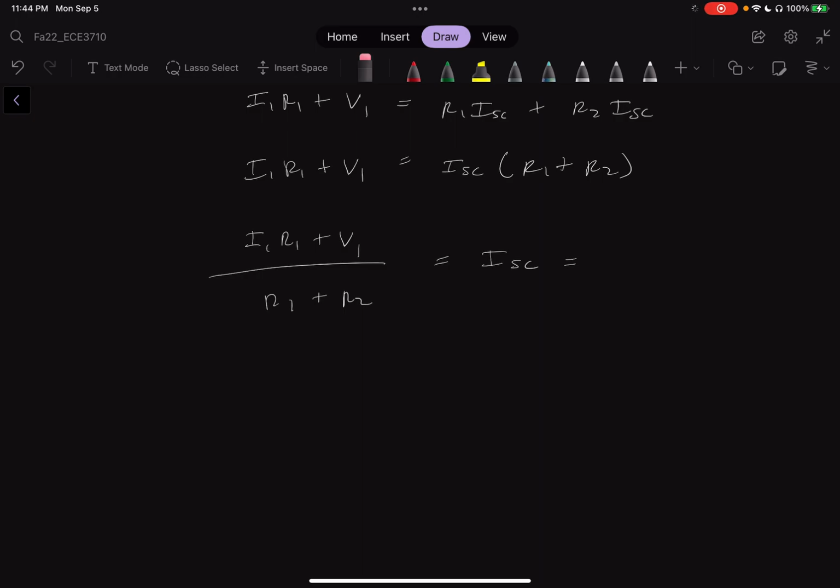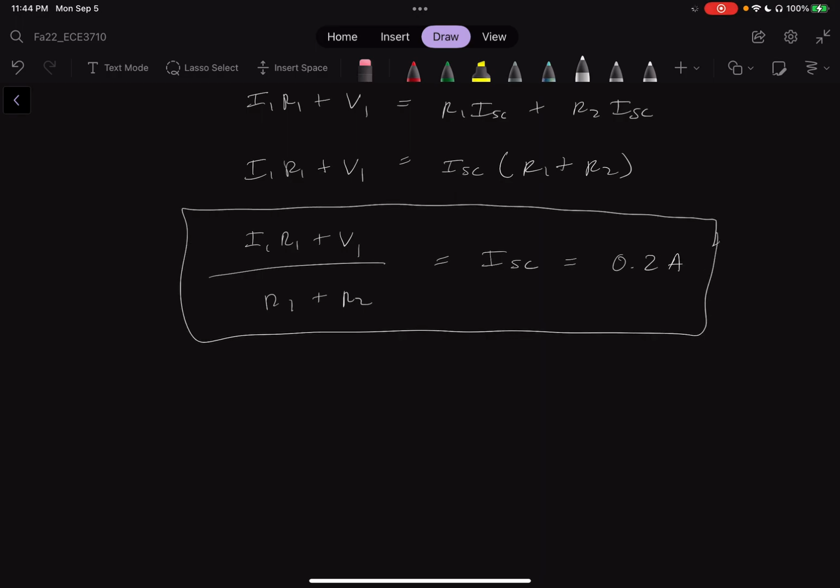Oh no. I didn't solve for it algebraically. One second. It would be 0.2 amps. Ta-da. There you go.